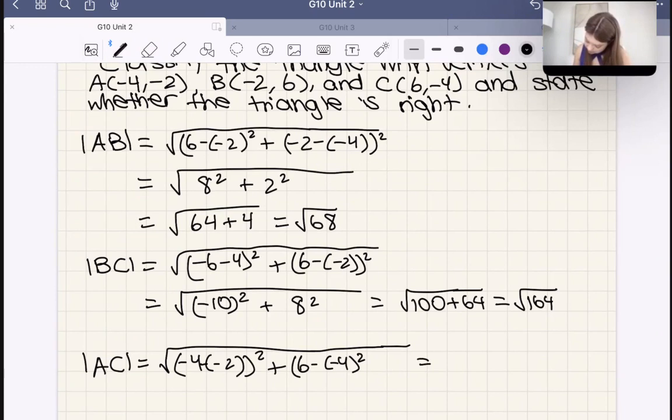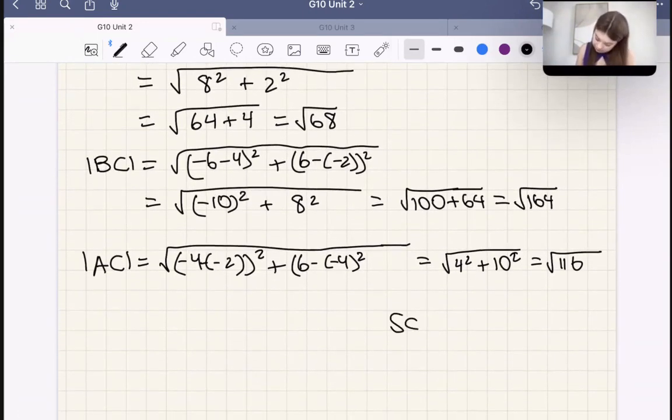So then we're going to have 4 squared plus 10 squared, which is going to be equal to the square root of 116. All right. Okay, so already we know this is a scalene triangle because all 3 sides are different.